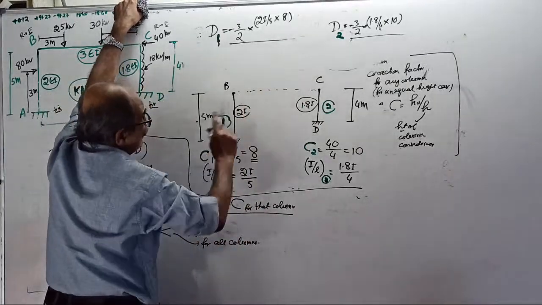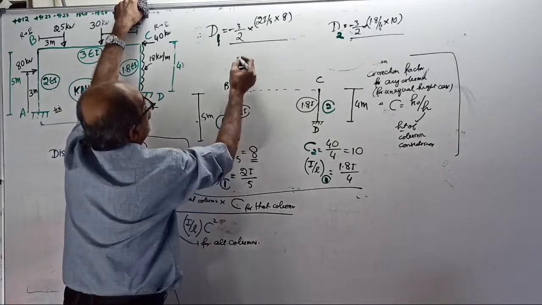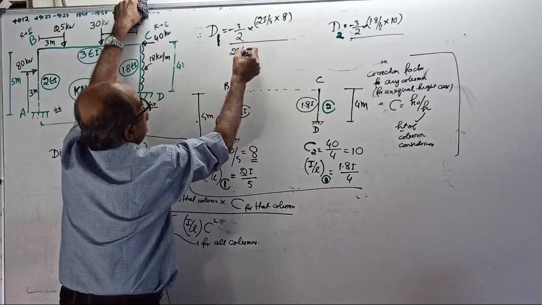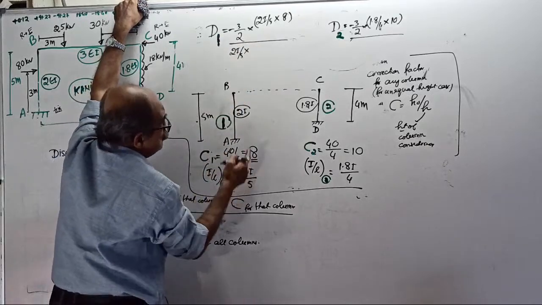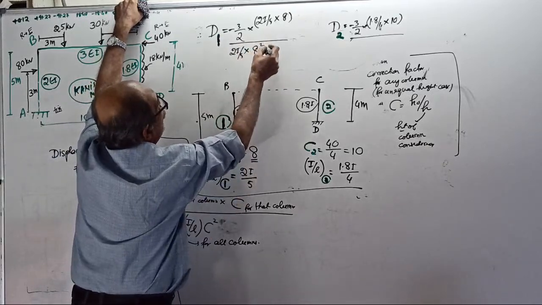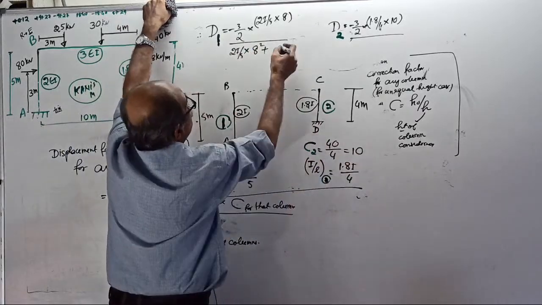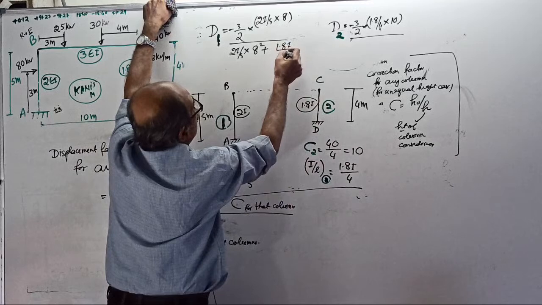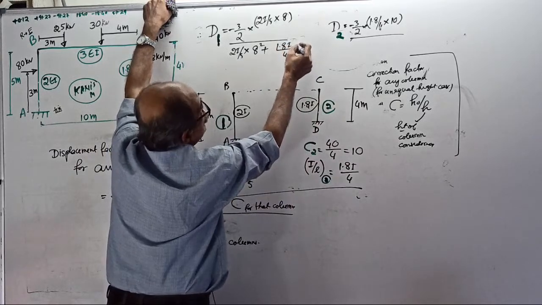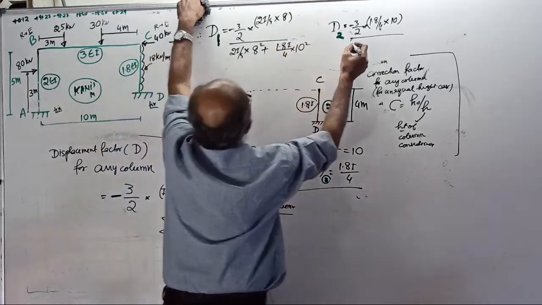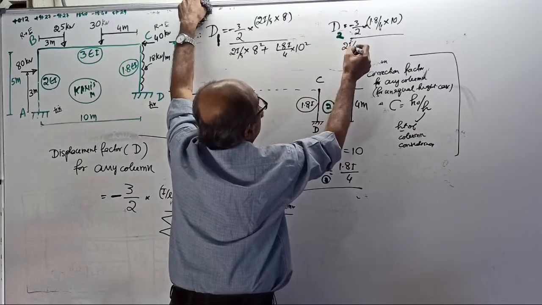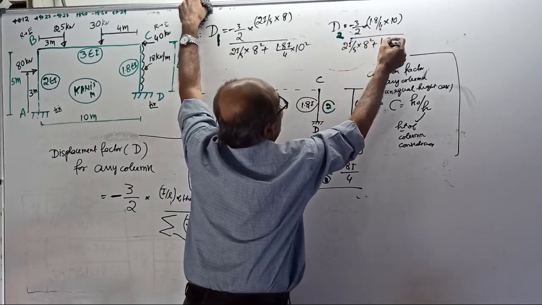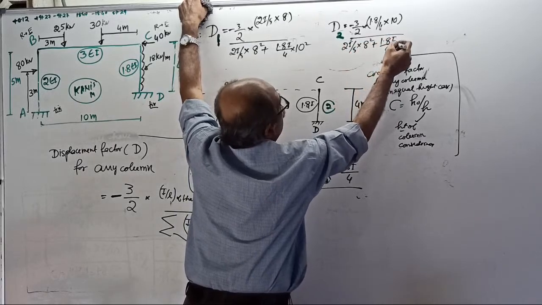So for both columns, I by L of this column is 2I by 5 into correction factor square 8 square, plus I by L of that column, 1.8 I by 4 into 10 square. It is 2I by 5 into 8 square plus 1.8 I by 4 into 10 square.